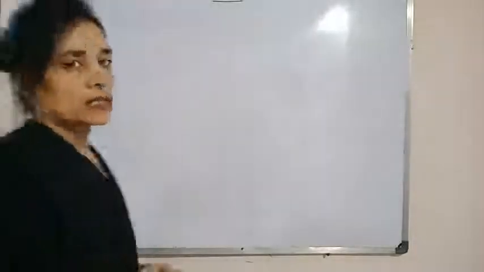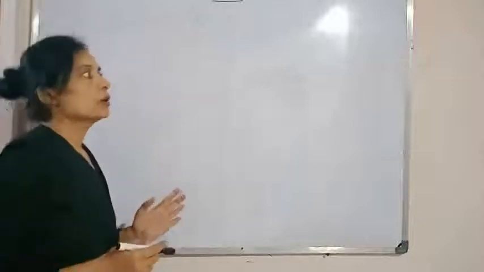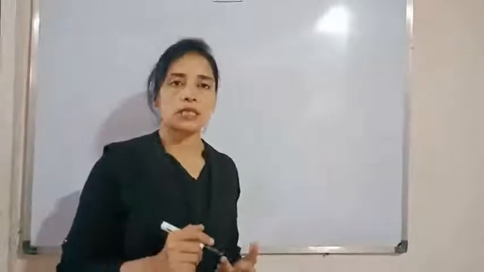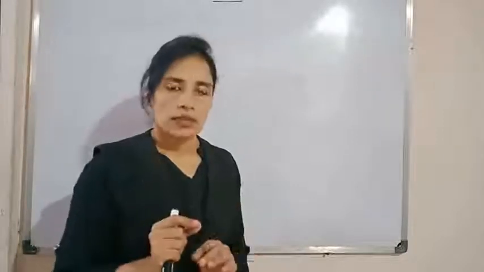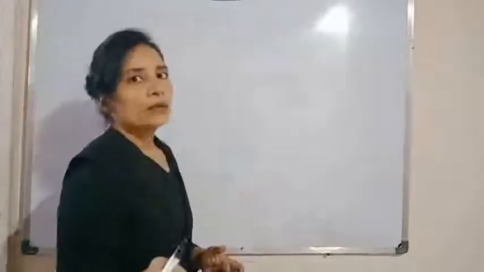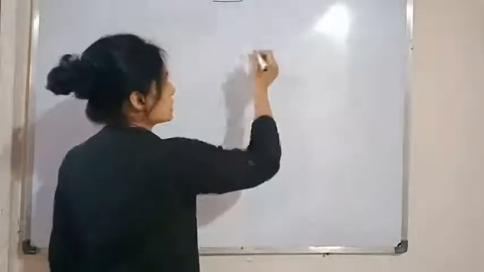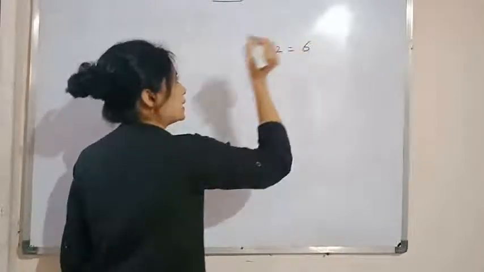Before beginning exercise 1.5, I just want to explain how to multiply numbers which are written in roots. Okay, so please understand the concept. As you all know, if I simply multiply two numbers, for example 3 into 2, I get 6.